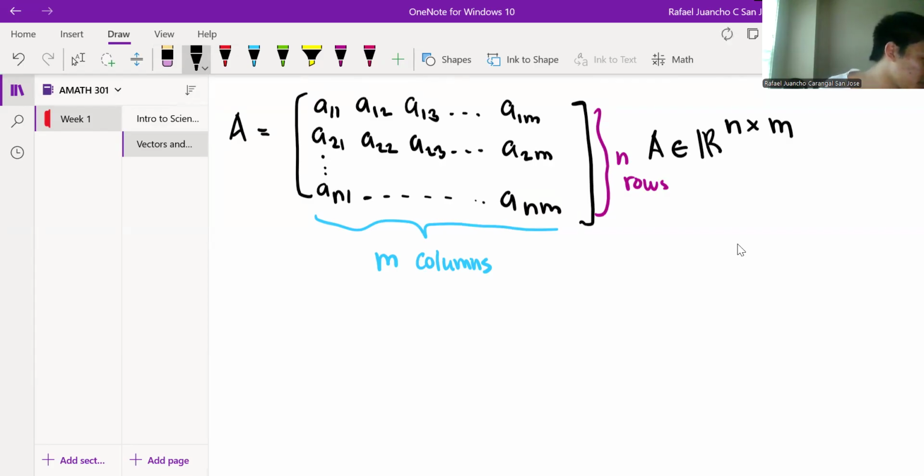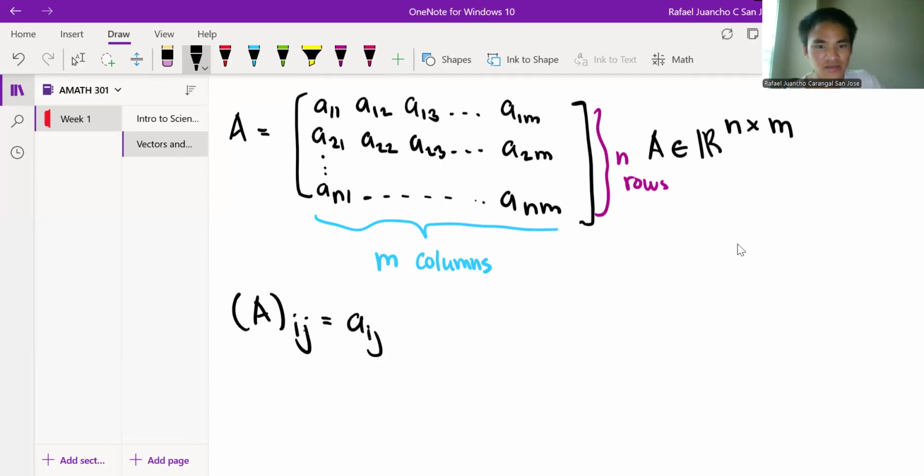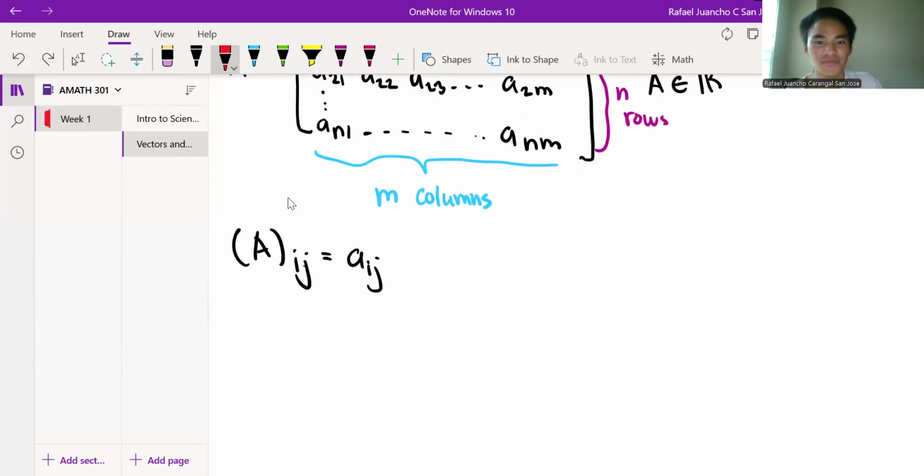Well, we can write a_ij equals a_ij. So this is another form of notation. I'm just throwing you a bunch of notations, but these two ways are the same. The idea is indexing. Based on this notation, we can determine which row we're at and which column we're at.